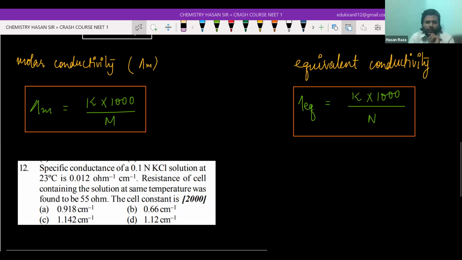Please do solve this question. It is based upon the above formulas.